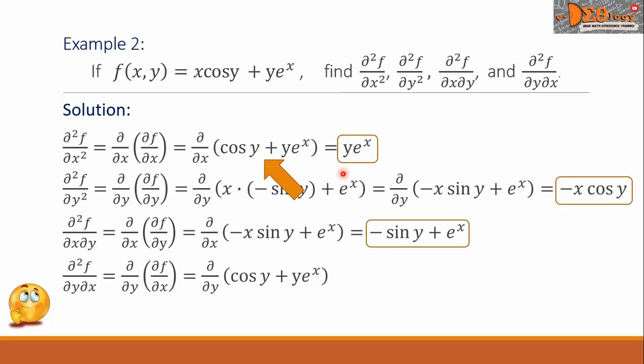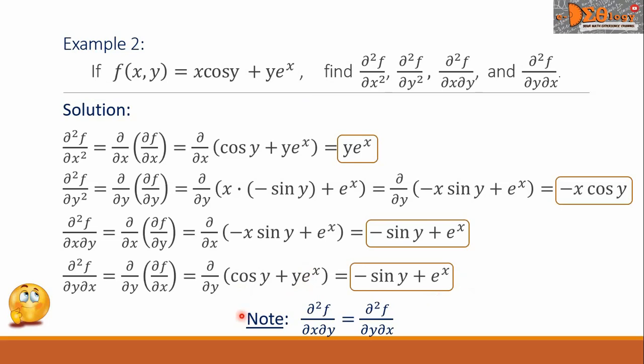I got this answer from our previous solution up here. Then, let us take the partial derivative of this function with respect to y. Derivative of cosine is negative sine y plus derivative of y times e raised to x with respect to y. And the answer is e raised to x. This is the final answer.